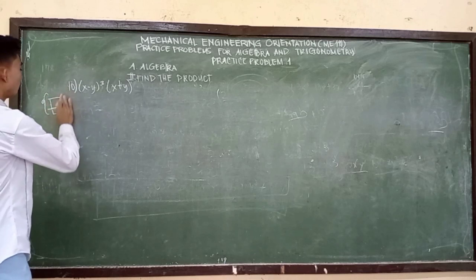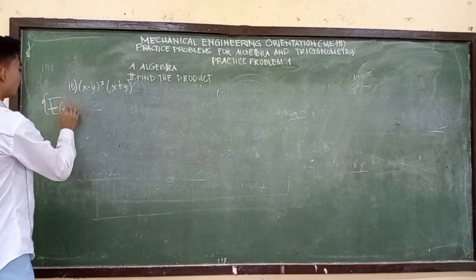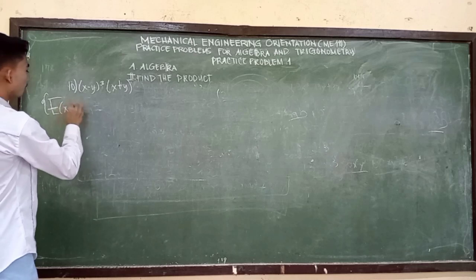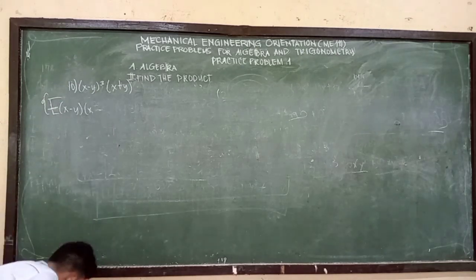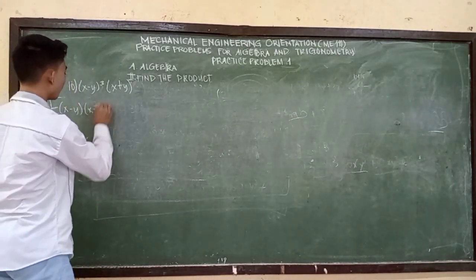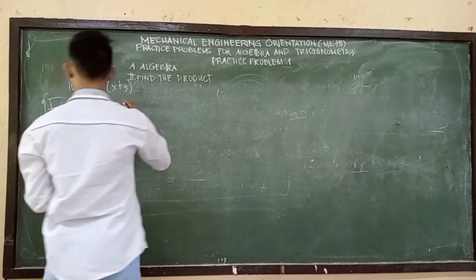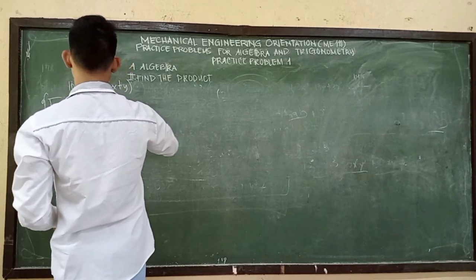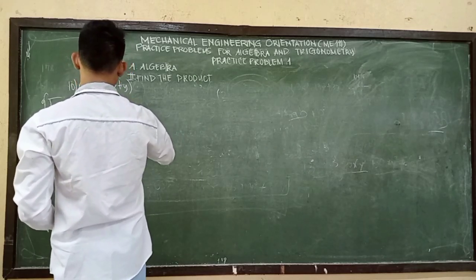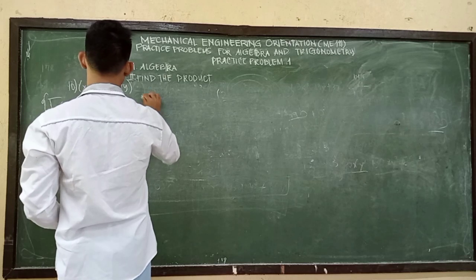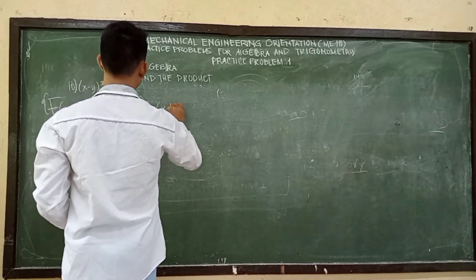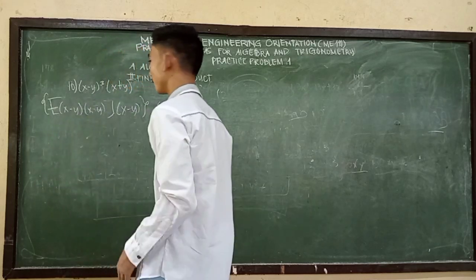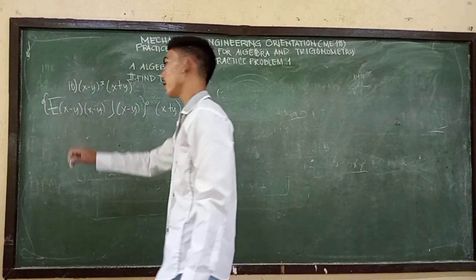So we will first do x minus y times x minus y, and then multiply it again with x minus y times x plus y. First, we will solve for this one.